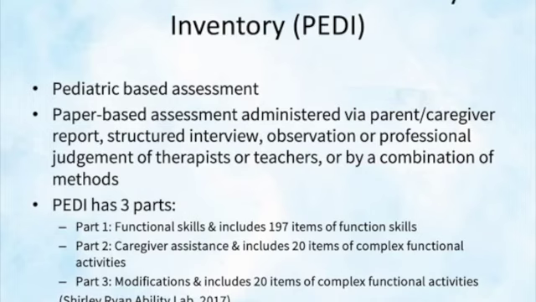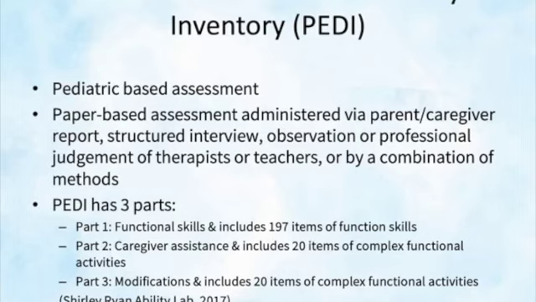The PEDI has 3 parts. Part 1 is functional skills, and it includes 197 items of functional skills. Part 2 is caregiver assistance and includes 20 items of complex functional activities. And then part 3 is modifications. It includes 20 items of complex functional activities.